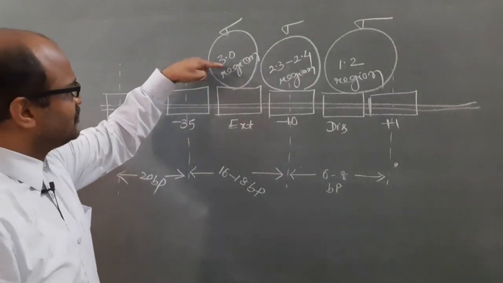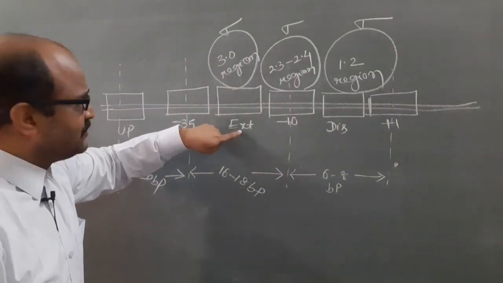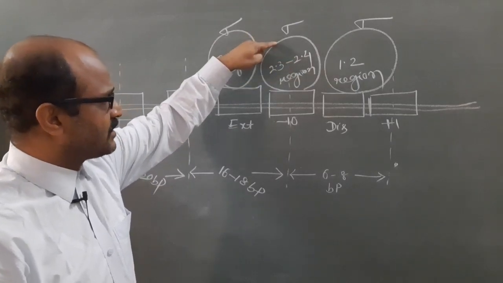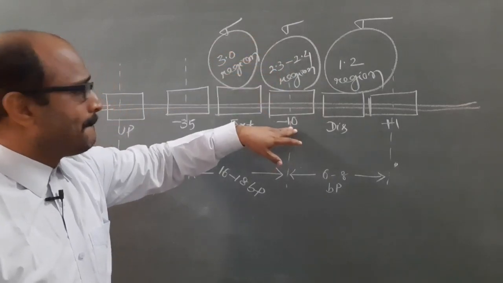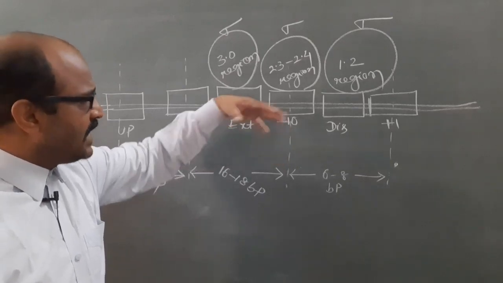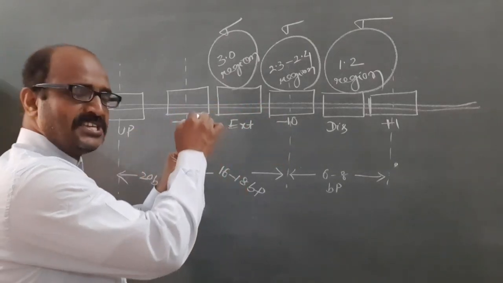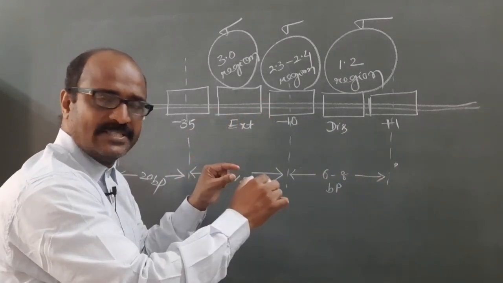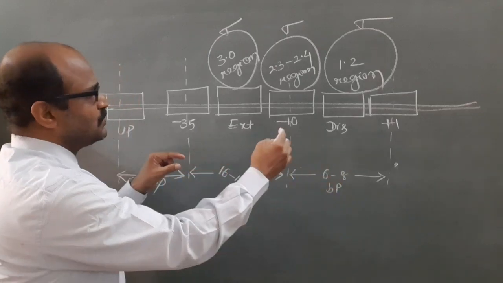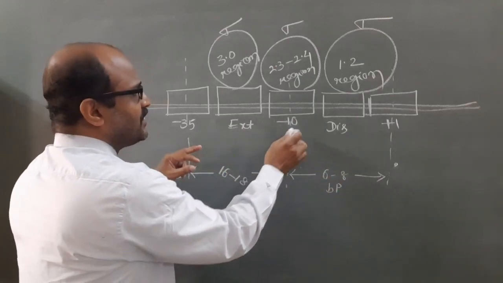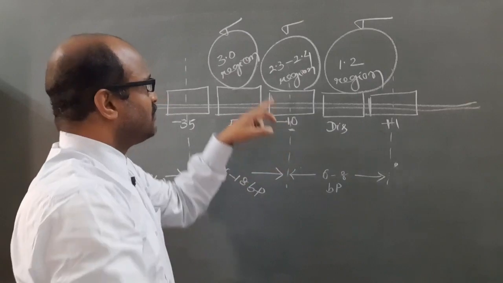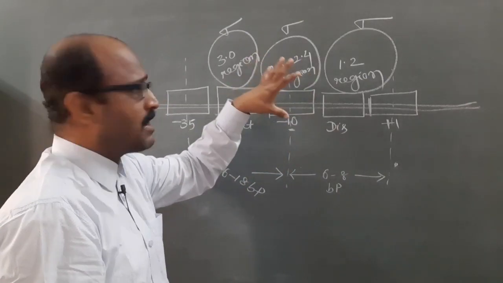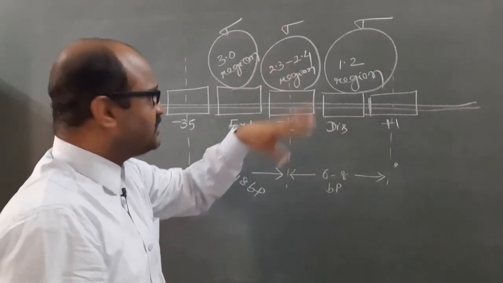Only the 2.3 or 2.4 region of the sigma factor reads or recognizes the -10 region. That's why this is known as the sequence specific contacts. So only the -10 region is recognized by the 2.3 and 2.4 regions of the sigma factor, not any other region of the sigma factor.